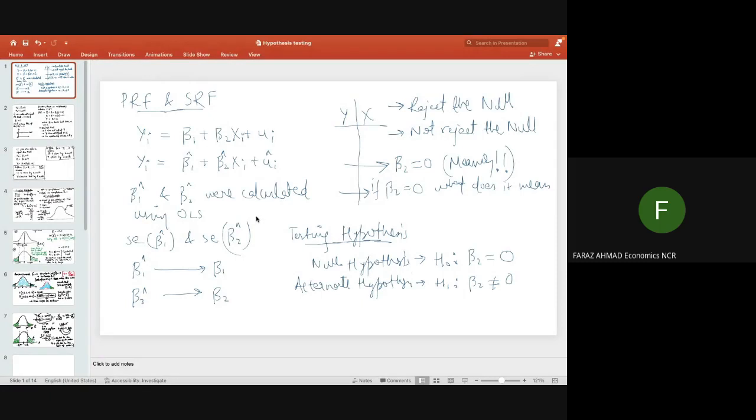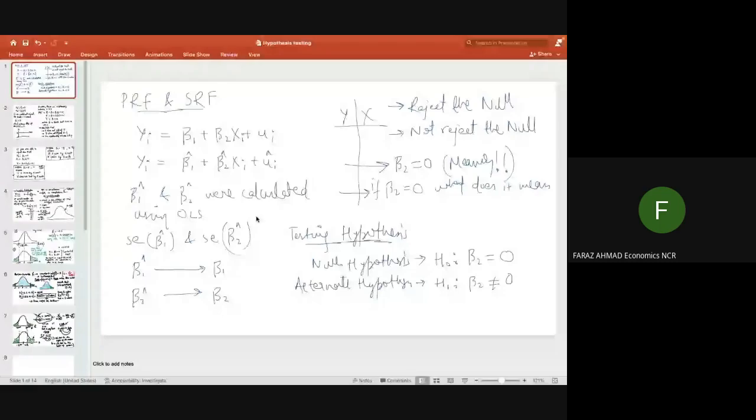Suppose we are talking about beta 2, and our null hypothesis would be beta 2 is 0, alternate hypothesis would be beta 2 is not 0. It's a two-tailed test because the alternate hypothesis says it is not 0, so it cannot be 0 if it is negative or less than 0. It cannot be 0 even if it is to the right of the mean, right?